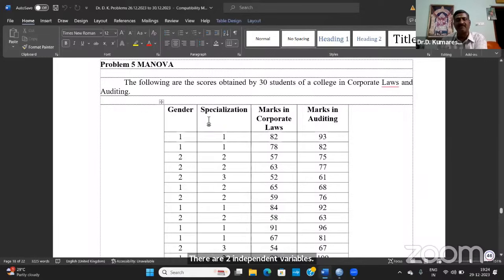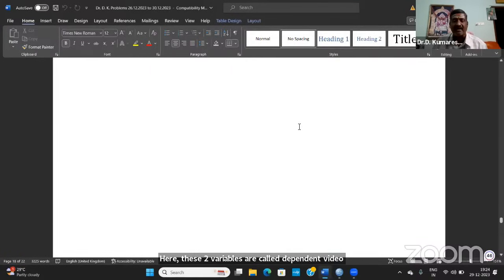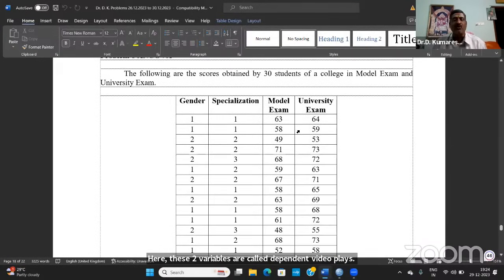These variables can influence these two dependent variables. Here, these two variables are called dependent variables. But here also, we have two variables given in scale data. Two independent variables are there.